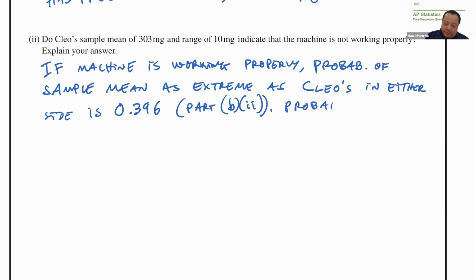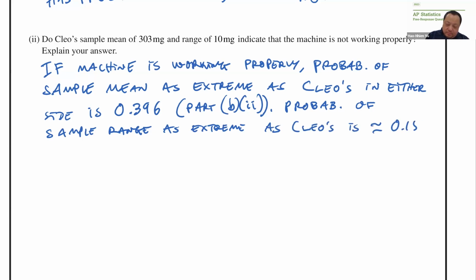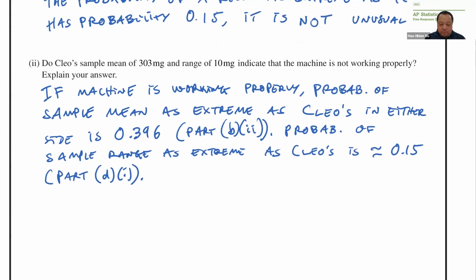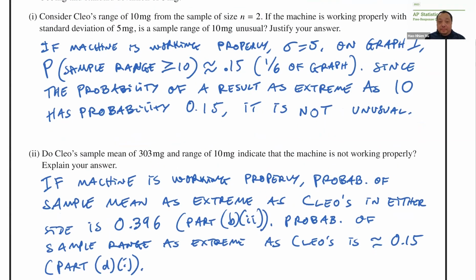And the probability of sample range is about 15 to 20%. And that's from part D, well, D-I right here.